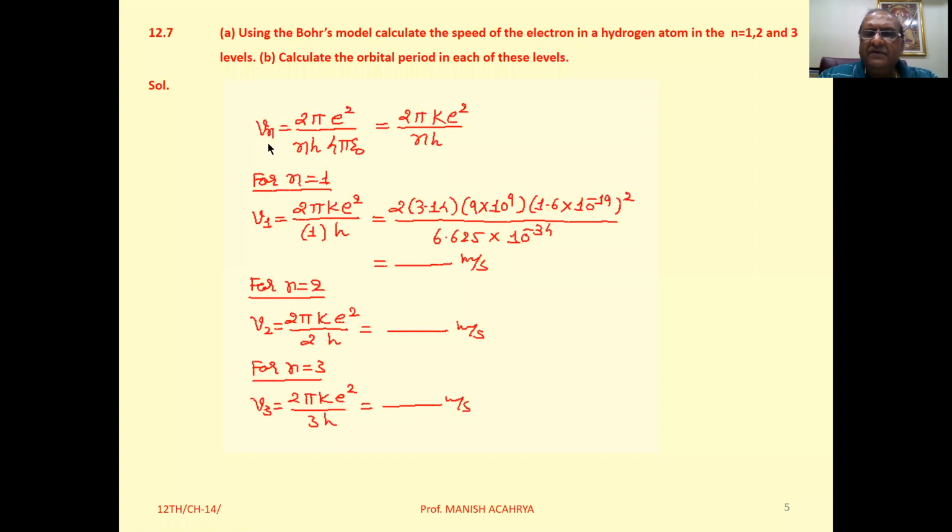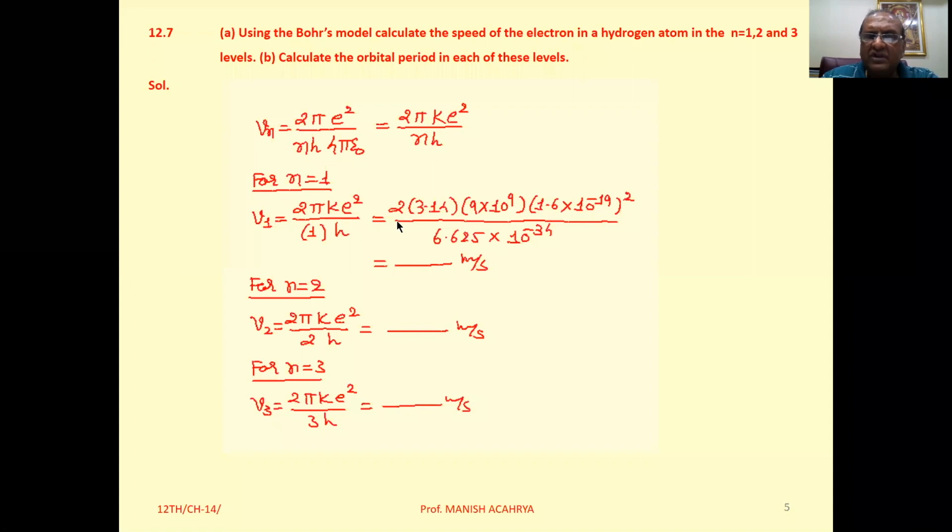Now see, we have the equation for speed in nth level, that is 2 pi e square upon n h 4 pi epsilon 0, or that we can write as 2 pi k e square upon n h. Now for n equal to 1, we can write v1 equal to 2 pi k e square upon 1 into h.